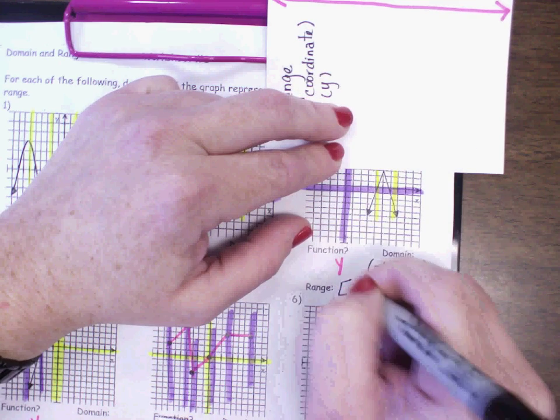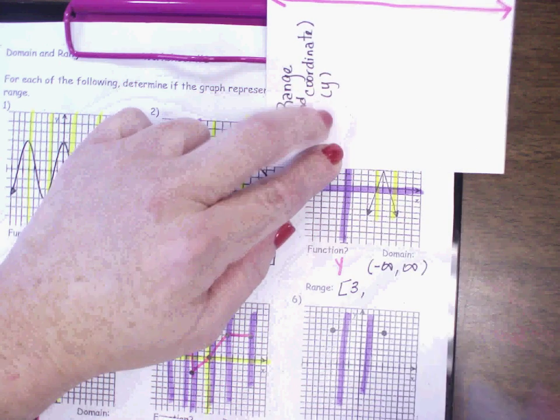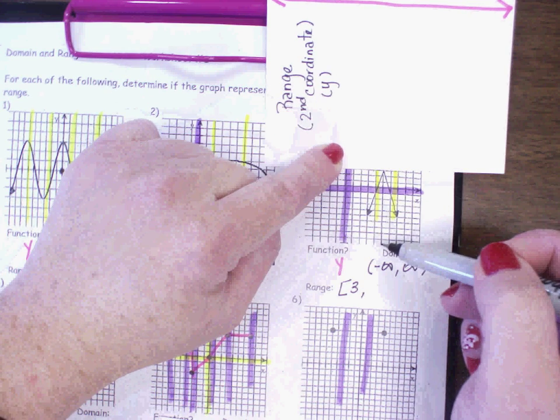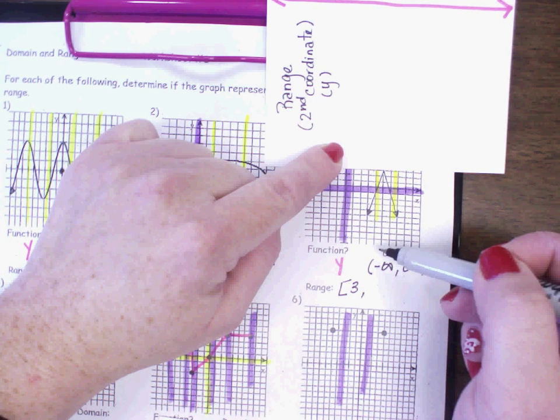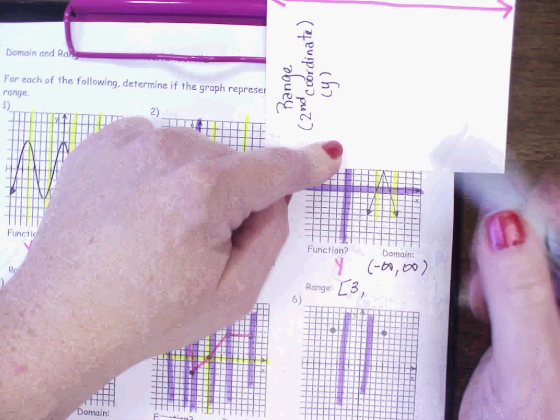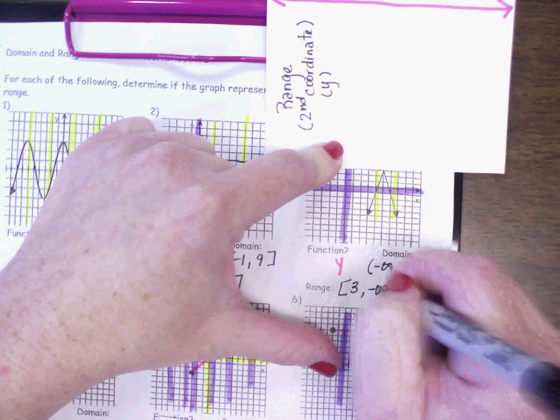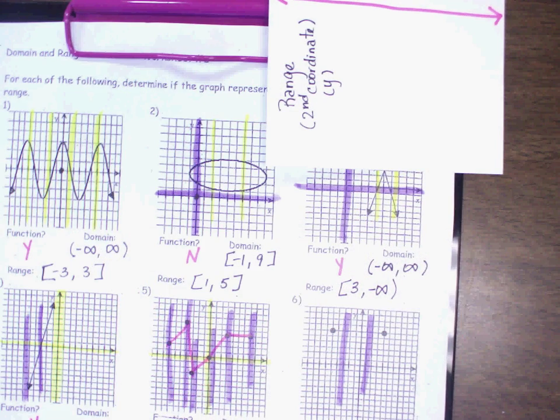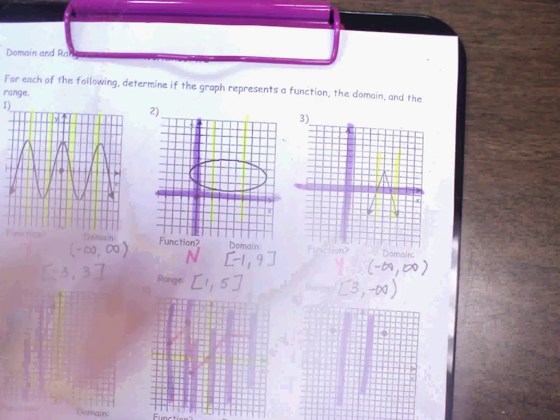So that would be 1, 2, and 3. So positive 3 to what? Negative infinity. Thank you very much, because it's going down, right? From 3 to negative infinity. Very good.